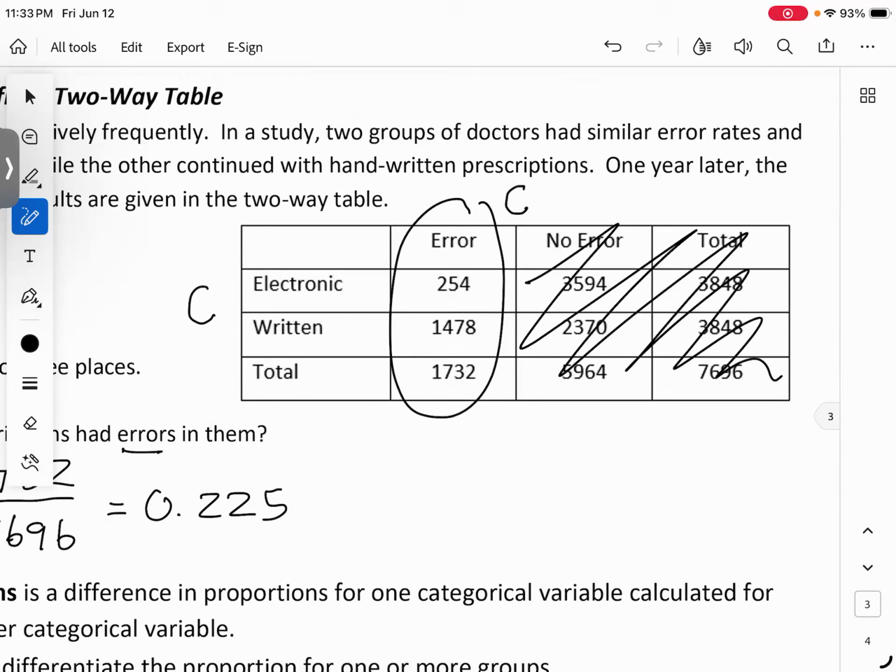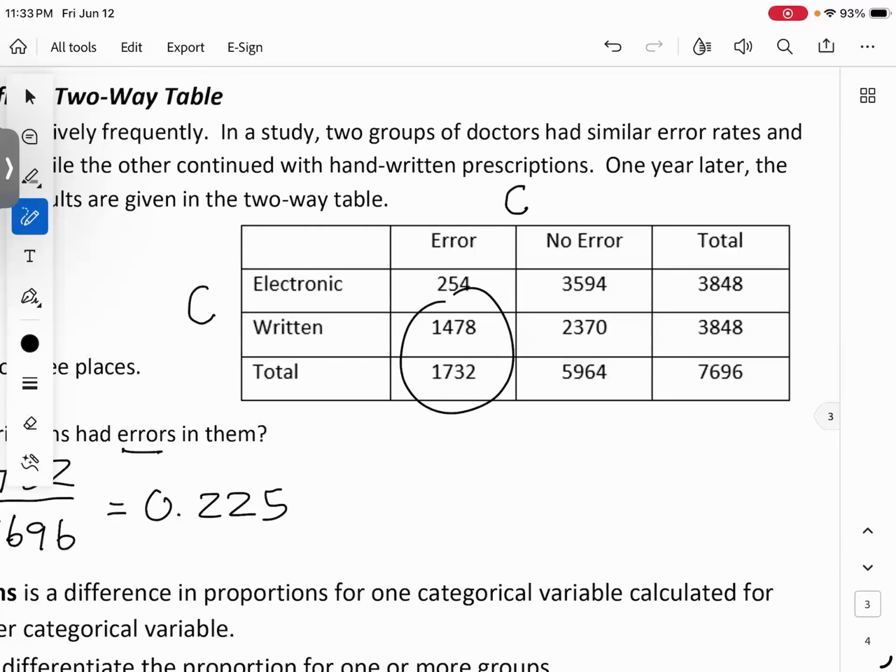So right now, for this last one, you're not even worried about the rest of the stuff. You say, okay, here's all the ones that had errors, and then it specifically is looking for how many of those were written, and it's those, right? 1,478 out of the 1732 with errors were written.